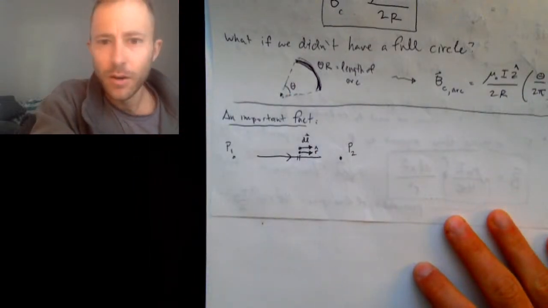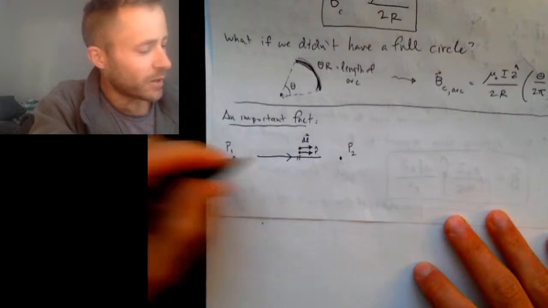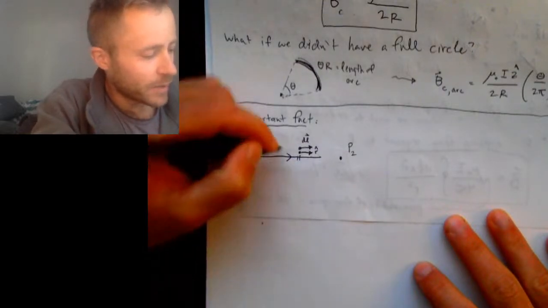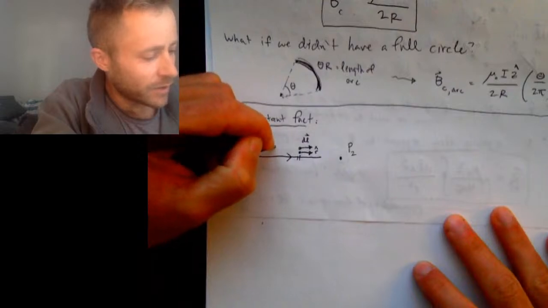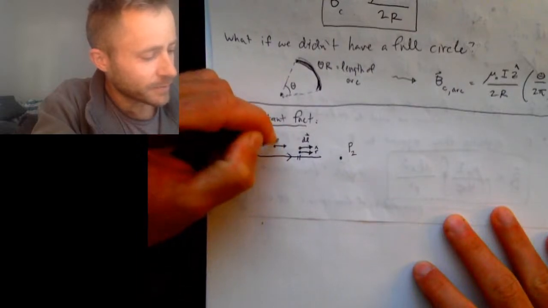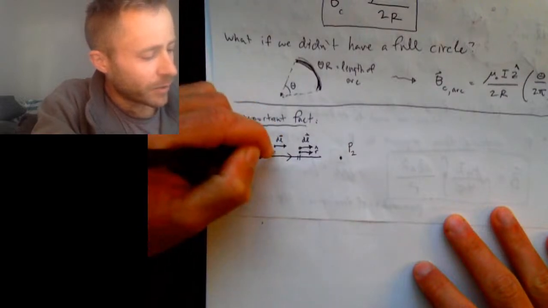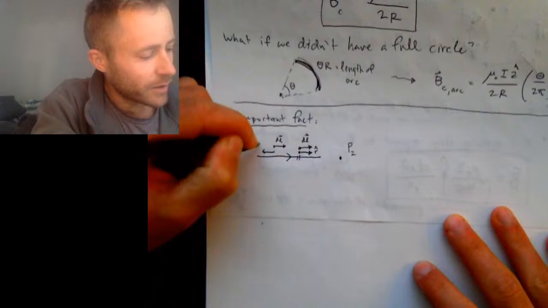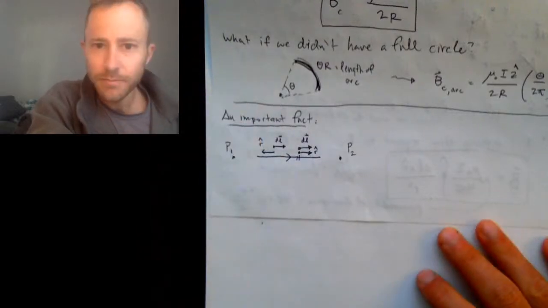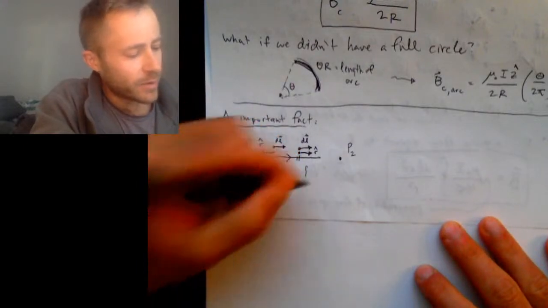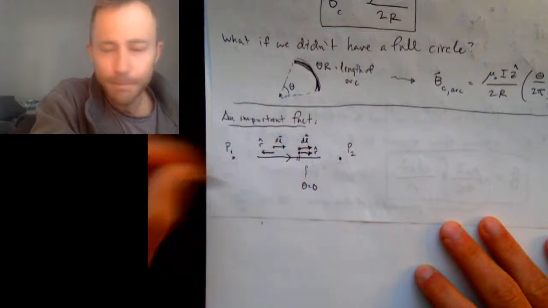Or similarly, if I wanted to calculate the magnetic field at point P1, I would again have dL going this way, and then I would have my r hat vector going in the opposite direction. So in this case, we have theta equals 0.